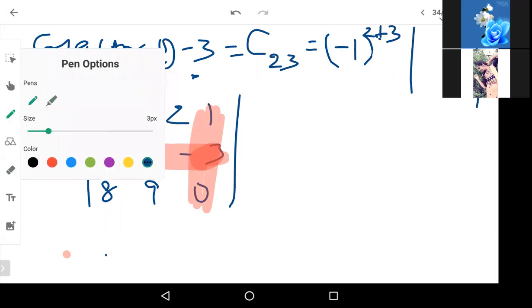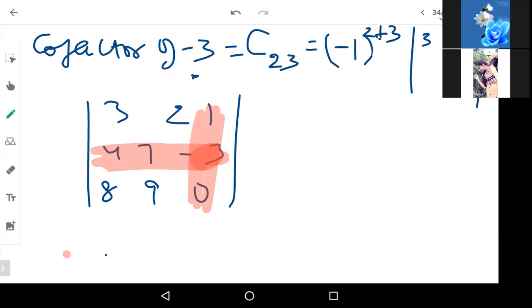The remaining is 3, 2, 8, 9. So this is the minor. Not 4, 7. We are taking out second row, third column. So remaining is 3, 2, 8, 9. Now see the multiplication.